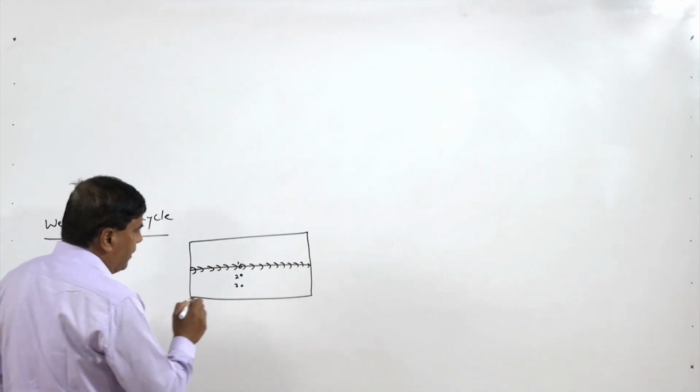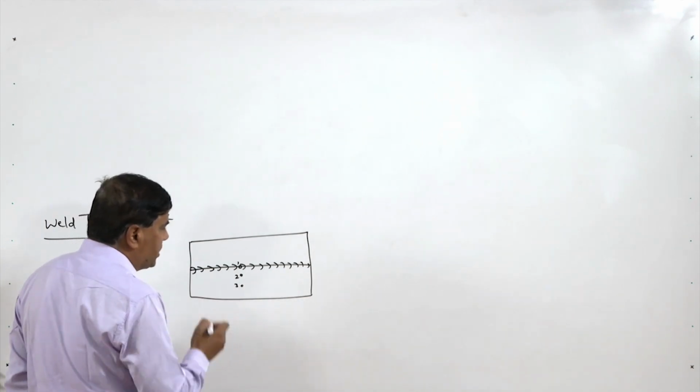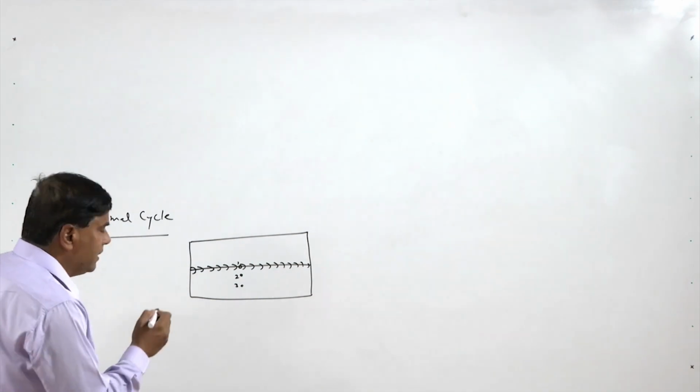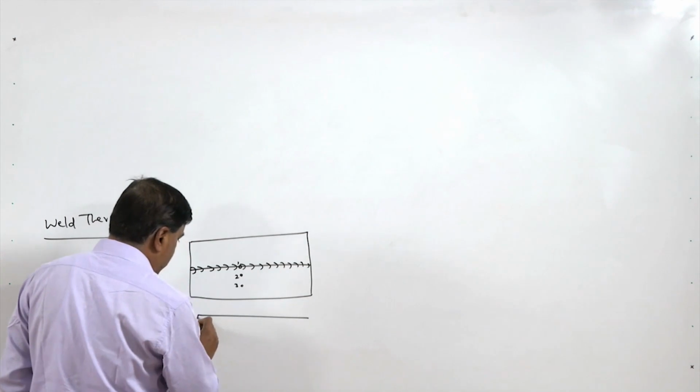If we try to measure the variation in temperature at these 3 locations, we will see that during welding there is a continuous change in temperature at these 3 locations.